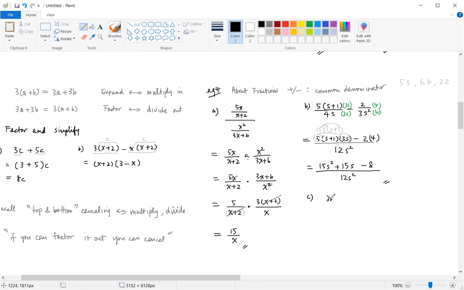Okay, last one, 3m over m plus 1, m minus 1, then minus 2 over m plus 1. Okay, I think it's very clear here. The common denominator is m plus 1, m minus 1.